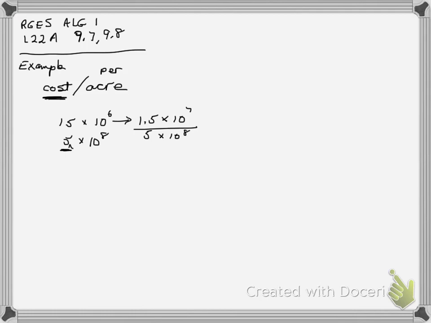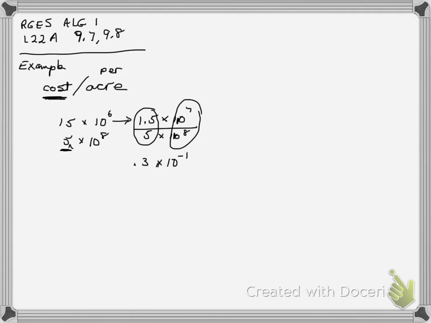Now, how do we do this? Recall from last time, we take 1.5 divided by 5, which gives me 0.3, and we subtract the exponents: 7 minus 8 is 10 to the negative 1.